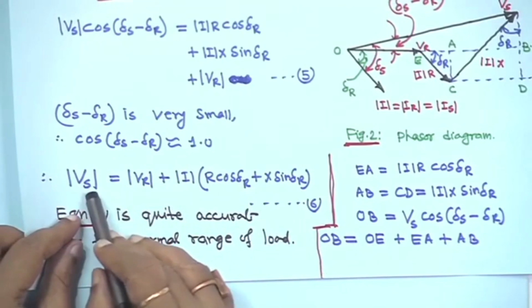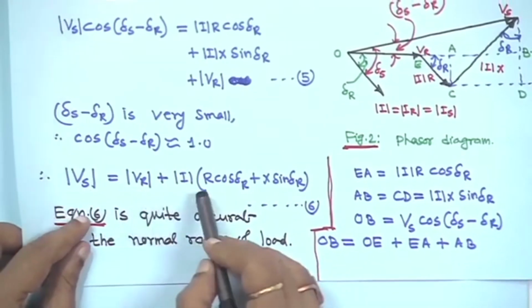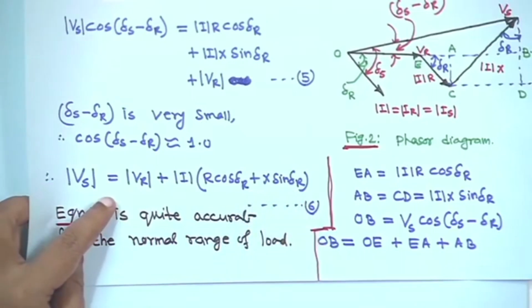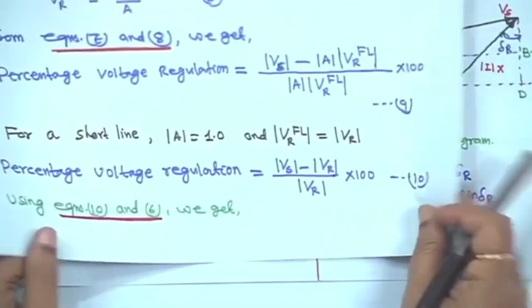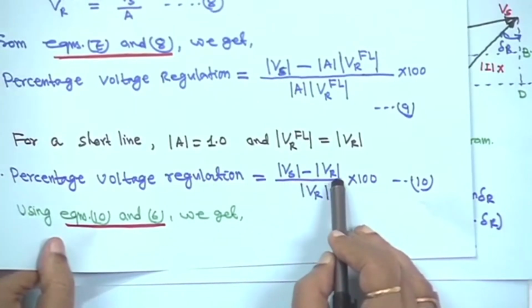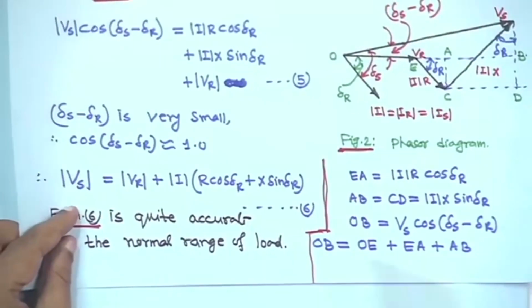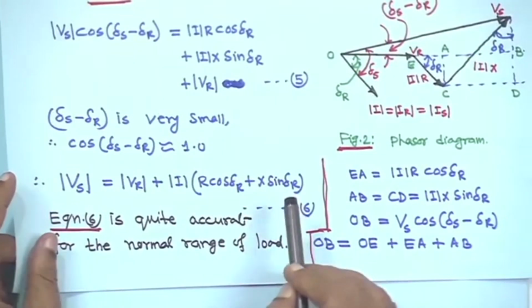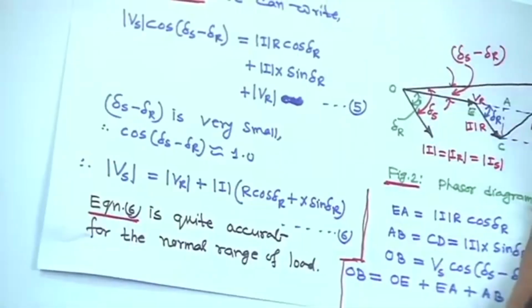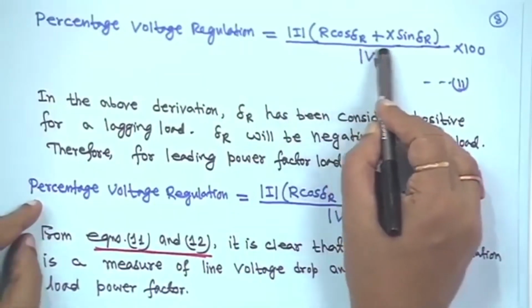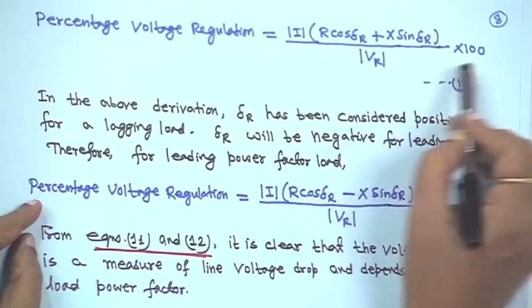That means magnitude Vs minus magnitude VR is equal to magnitude I into R cos delta R plus X sin delta R. In equation 10, replace magnitude Vs minus magnitude VR by this term. Then the percent voltage regulation becomes magnitude I, R cos delta R plus X sin delta R, upon magnitude VR, into 100.